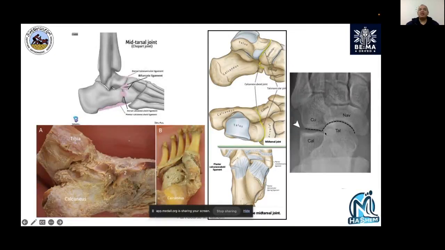And when they are in different planes, they lock the midfoot, so your foot becomes a rigid lever. So you can push off with this. Without the tib post doing this, the Chopart joints will stay in the same plane, and this will make your foot easily collapse. That's why you have a midfoot break, and that's why flat foot people find it difficult to walk and get very exhausted after very short walks.